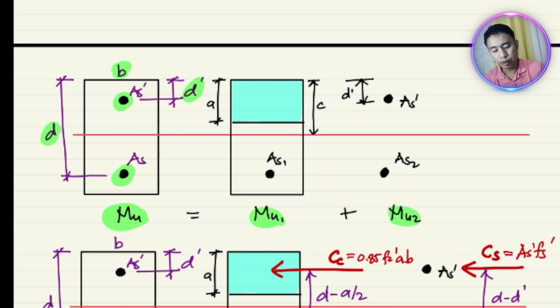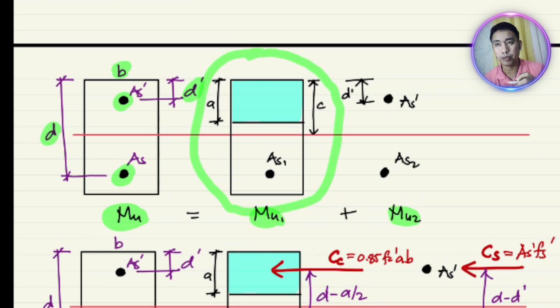So the first couple is, if you can see here, this is our first couple. So compression. So this one is parang singly reinforced siya. Right? Ito yung singly. Right? Compression sa taas ng concrete at saka tension sa baba ng steel.